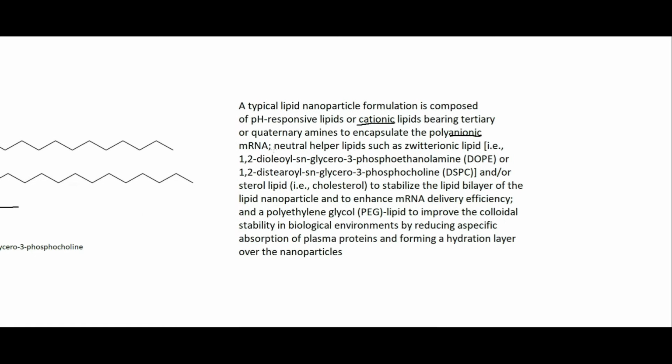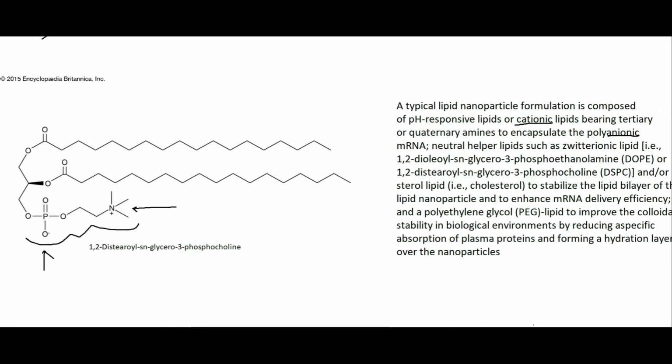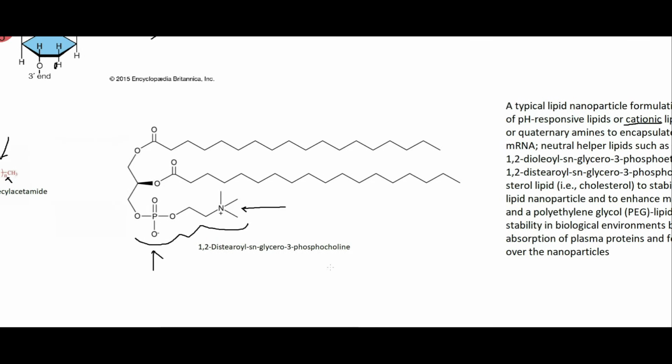So then it says the neutral helper lipids, such as zwitterionic lipids. Then it lists these two different kinds: the 1,2-dioleoyl-sn-glycerol-3-phosphoethanolamine, or DOPE, and then DSPC. And that is what we have right here. So this is 1,2-distearoyl-sn-glycerol-3-phosphocholine.